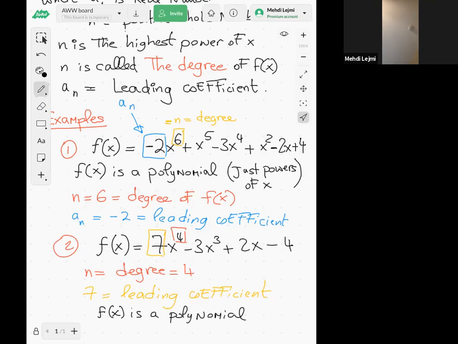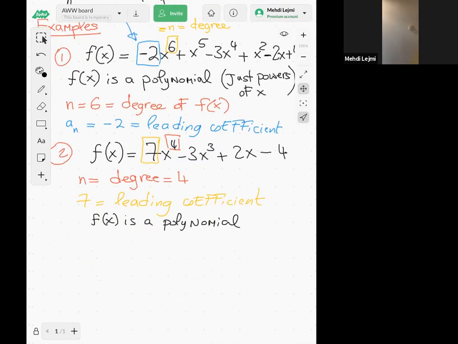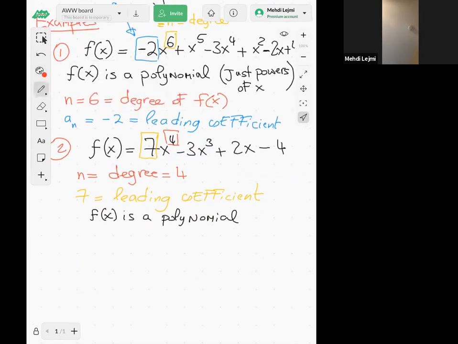Now, just be careful, the powers of x must be positive whole numbers. So if you have something like f of x equals, let's say, x to the power 7 over 3 minus, let's say, 2x squared plus x minus 4, here we have this power 7 over 3, and of course 7 over 3 is a fraction.